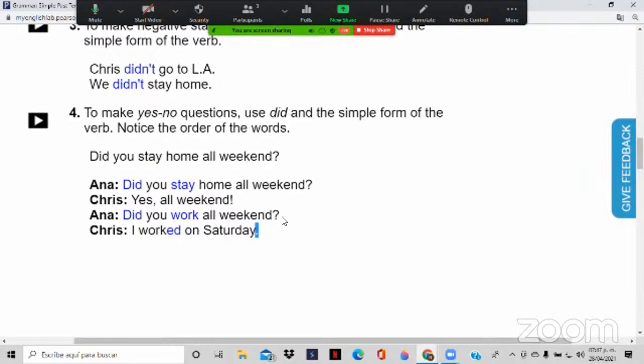Aquí, como tenemos question mark, claro que necesito el auxiliar, pero siempre tengo que identificar el sujeto. ¿Ok? Did you? Did I? Pero cuando hablamos de él o ella, siempre vamos a tener una S. Entonces ya cambia a does. Good.